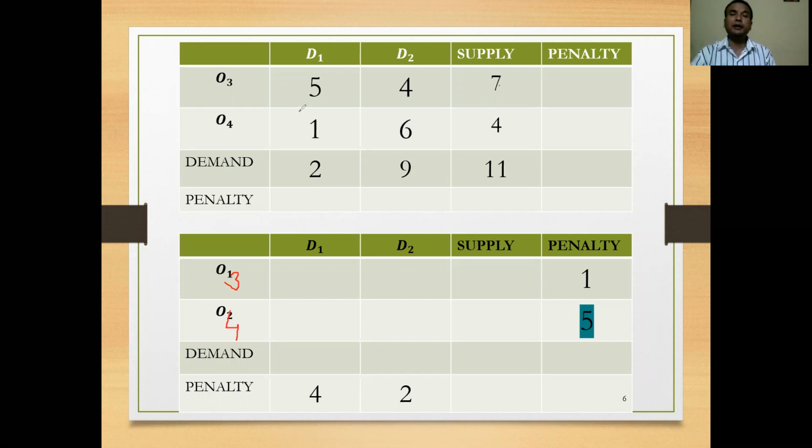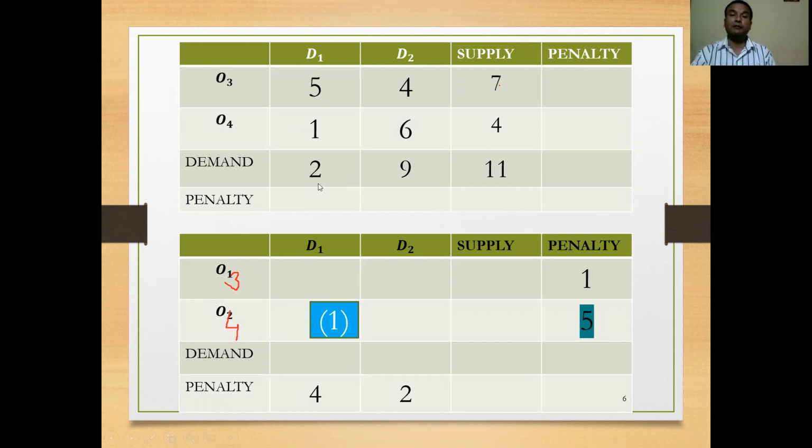Now, what is the minimum value in origin 4? Minimum cost in origin 4 is 1. So we bring this 1 to the corresponding cell, and we now think how many possible items can be distributed to this cell.